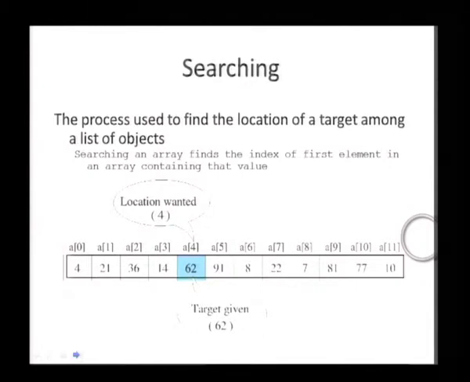In this picture, we can see that the target key that is being given is the key 62, and it occurs in the location 4, and we want to design an algorithm which efficiently gives us the value 4. The approach to achieve this particular task is given to us in the coming slide.